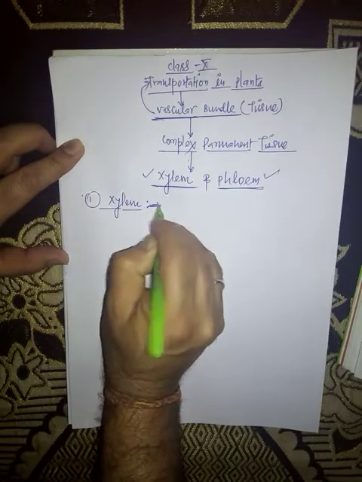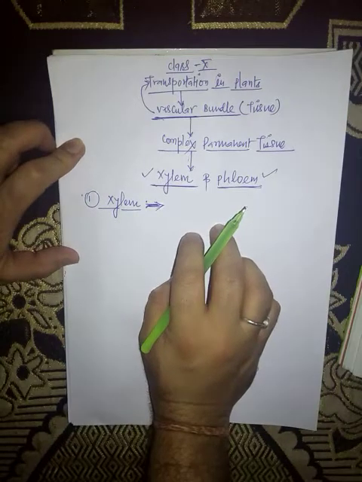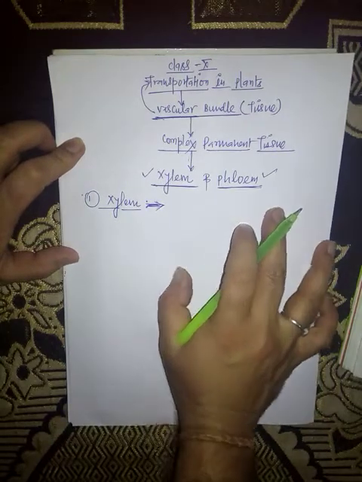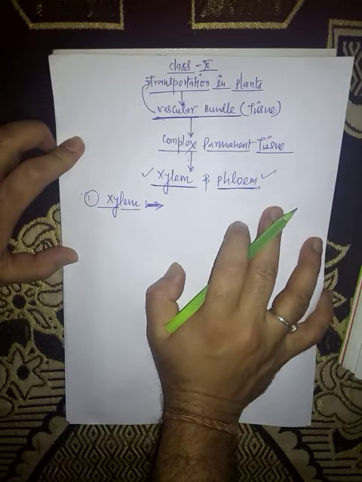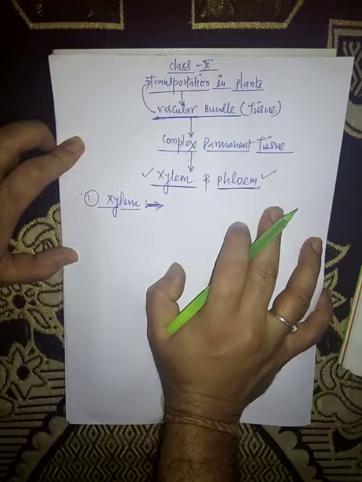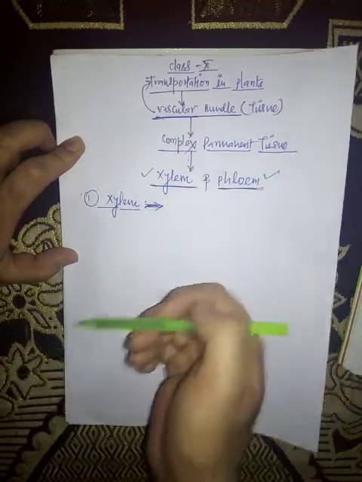Xylem is a part of the vascular bundle and it is present throughout the plant body. It is also known as the wood of the plant, right? And it is a complex permanent tissue.